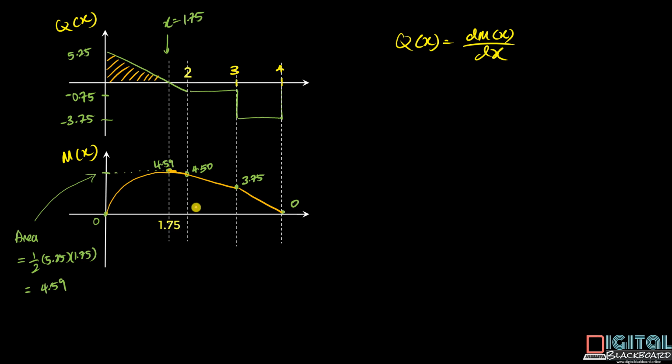And then you can go on also to find out the value at x equal to 2 by calculating the area of this smaller triangle and see how much the moment changes, and so on for the other values here. By calculating the area under the shear force diagram, we are able to calculate the change in the bending moment, since the change in the bending moment is related to the integral of the shear force.